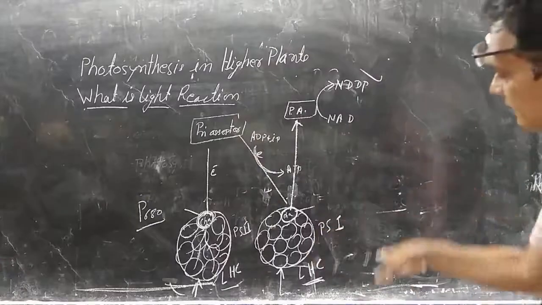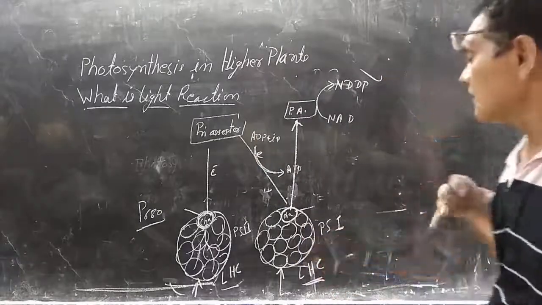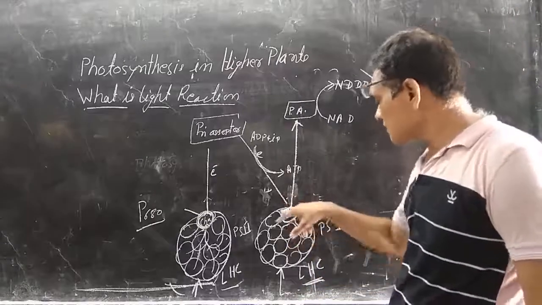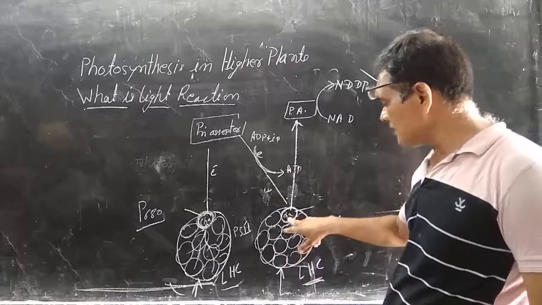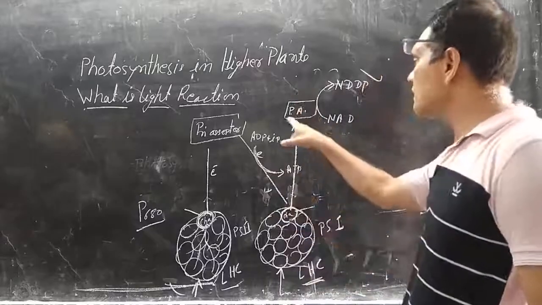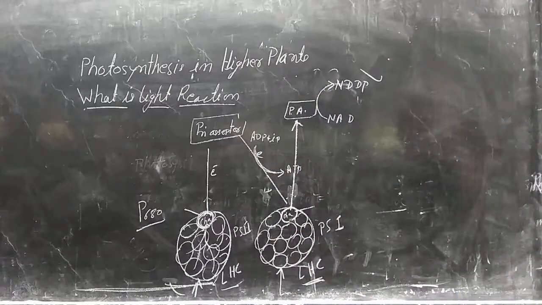Then whenever it reaches photosystem first, again it will be excited with the help of light, which is absorbed by the chlorophyll A molecule, the trap center, reaction center. यहाँ से लाइट आएगी, ये इलेक्ट्रॉन वापस रिलीज होंगे, again into another primary acceptor, which is again unknown.